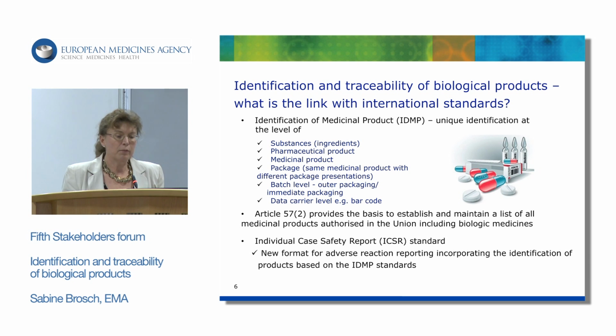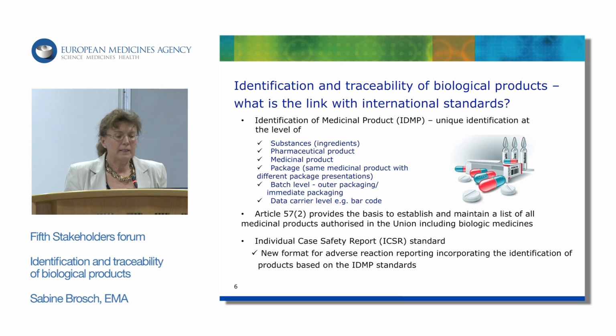And just very briefly to highlight the two standards that we have been working on over the last years and where we have, I think, dedicated a lot of efforts. So the first standard is referring to identification of medicinal products. And as the name refers to, it is referring to the unique identification of a medicinal product at different levels.